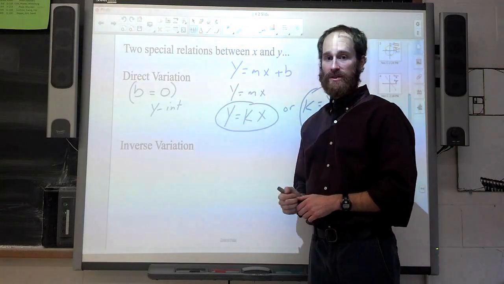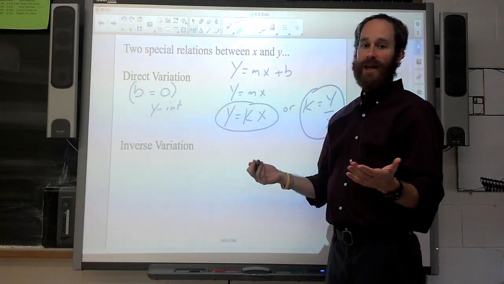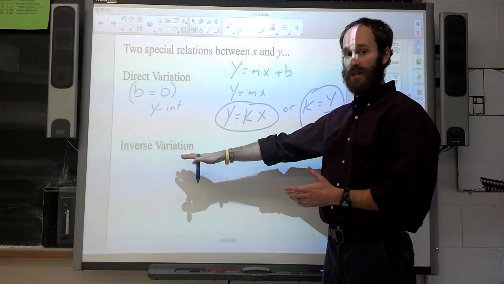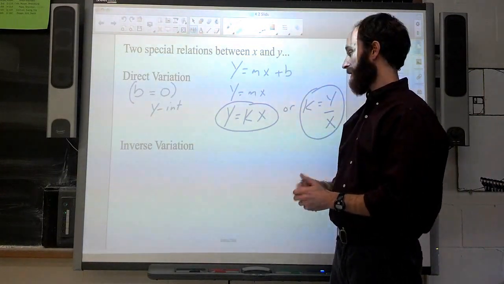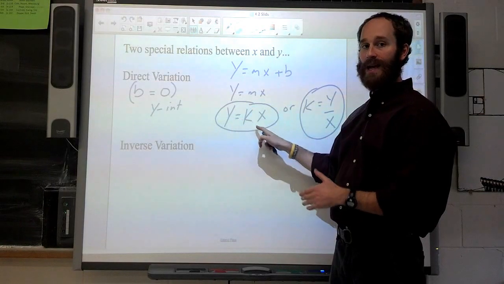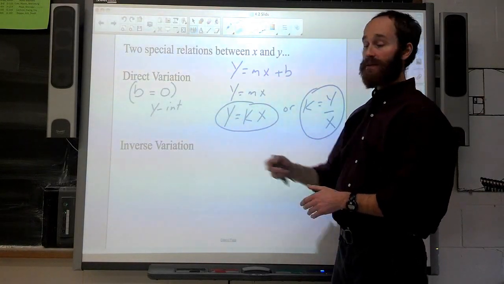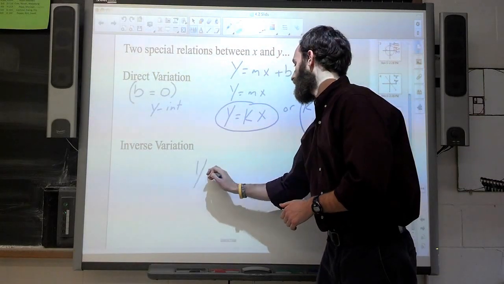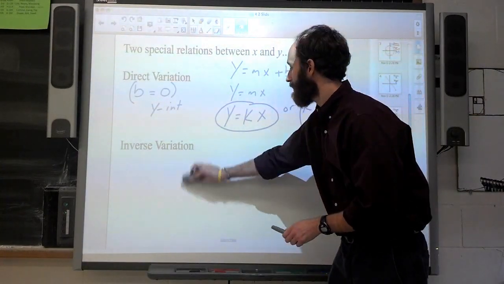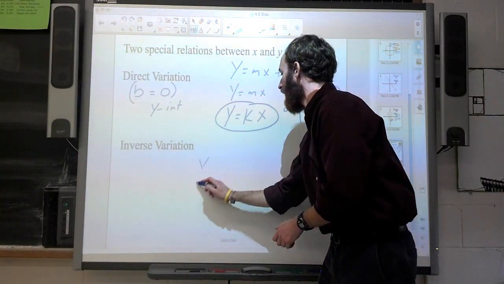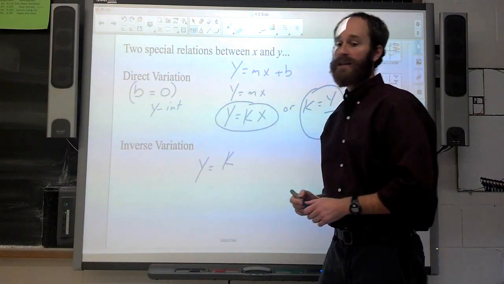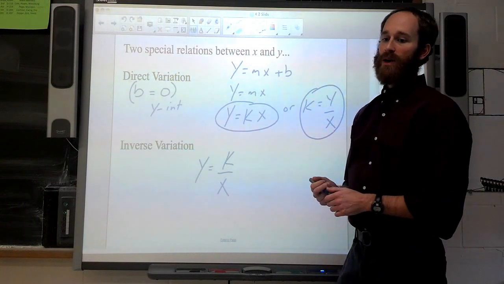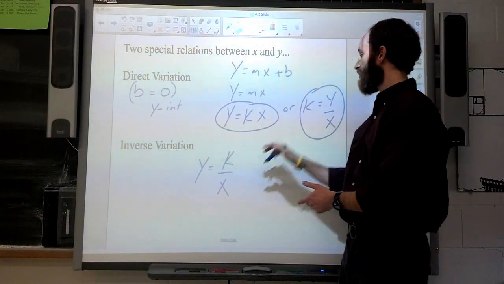The next one would be inverse variation. Inverse variation, as you hear the word inverse, we're going to be varying inversely your y's and x's with one another. So in here, your direct is y equals k times x. For inverse variation, coming from this, it would be y equals k over x. And then we also have another way of rewriting this, just like how we had up here.